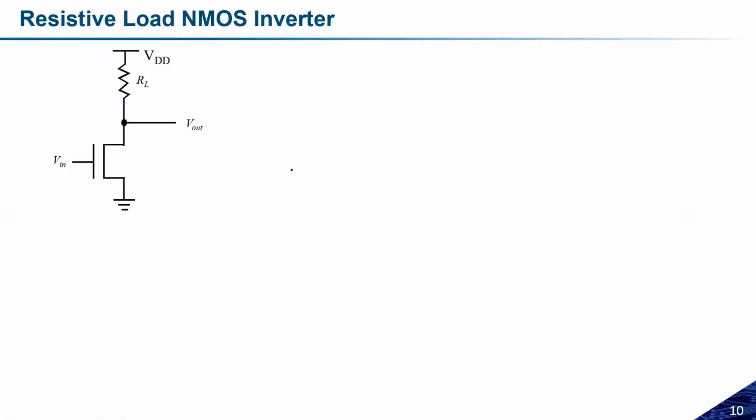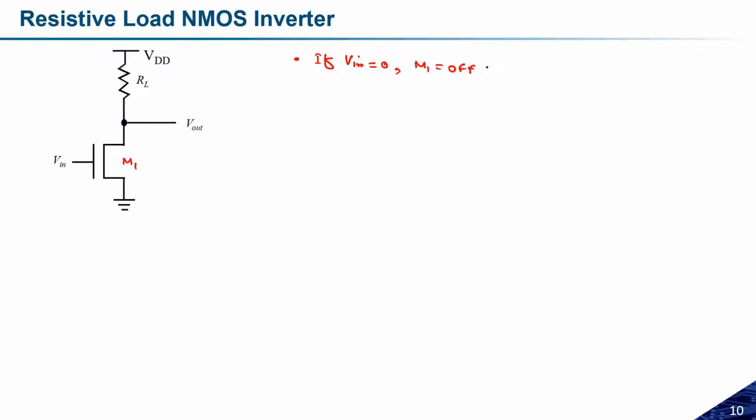Let us consider them one by one. Assume Vin is equal to 0. If Vin is equal to 0, what will happen? Let us assume this transistor is M1. So M1 will be in the off state.